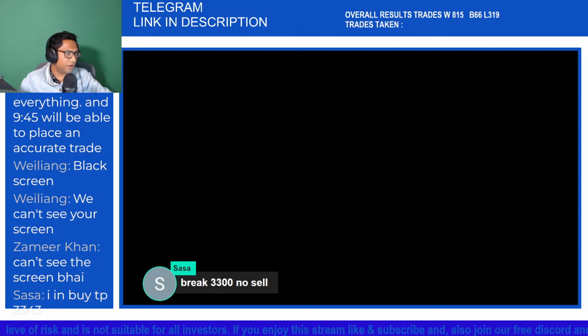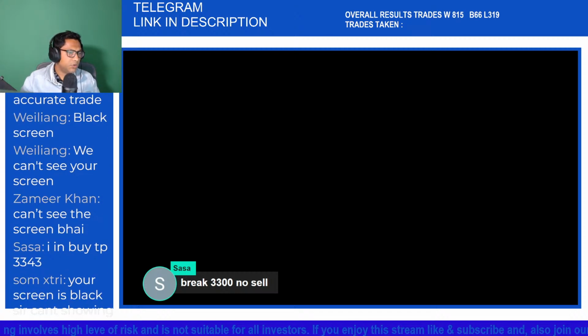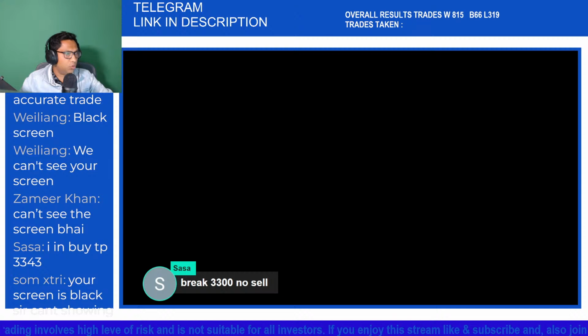So it is forming a very interesting price action pattern formation here. It's moving sideways as well as trying to create a structure in that area, also moving sideways.